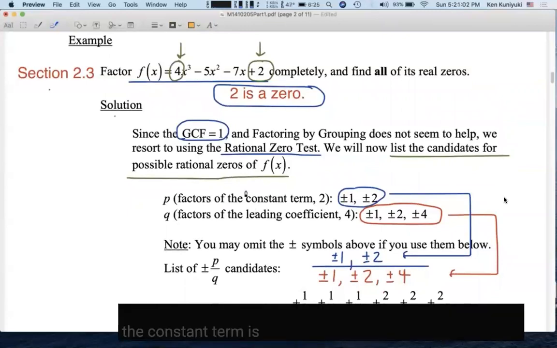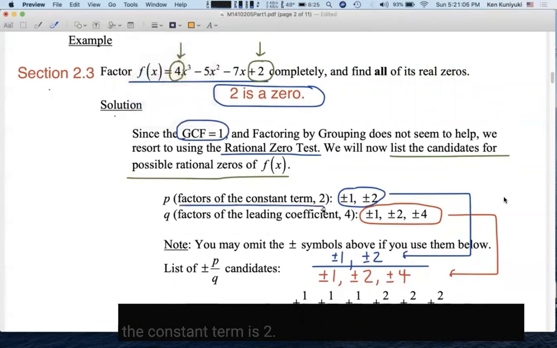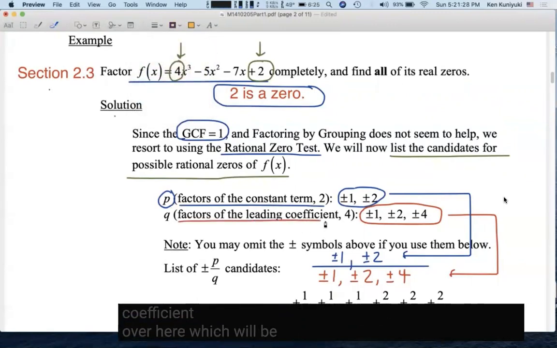The constant term is 2. And we're going to call the factors of the constant term, or the divisors of the constant term, the possible values for p. Now, don't worry about the way we label these factors, p and q. The main thing is we're going to consider the factors of the constant term here, and then later on, the factors of the leading coefficient over here, which would be the possible values for q.